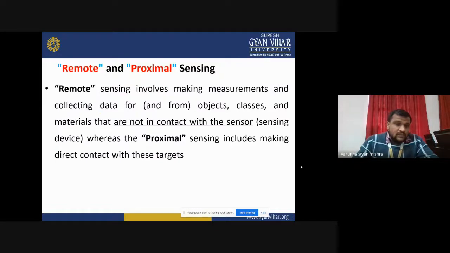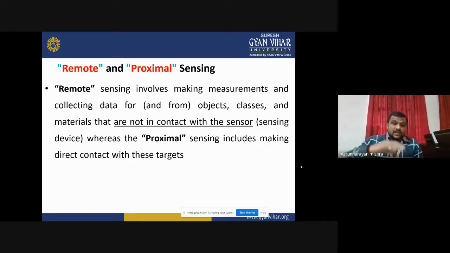There is a very important difference between remote sensing and proximal sensing. We generally use the term remote sensing when we make measurements and collect data about any object, natural or man-made, without any physical contact. But proximal sensing is another kind of process that includes direct contact with the target.